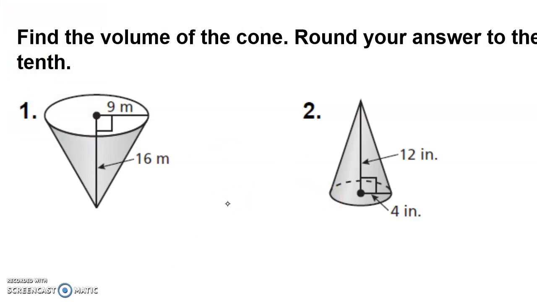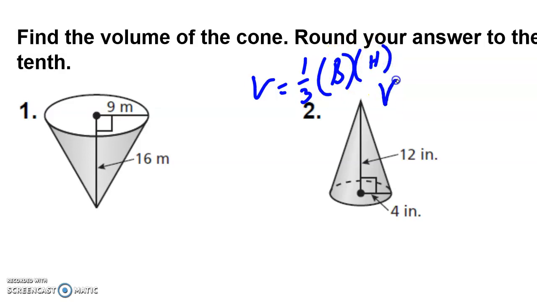So, same formula. The volume is a third the area of the base times the height. So volume is a third. And it looks like we have another radius down here.